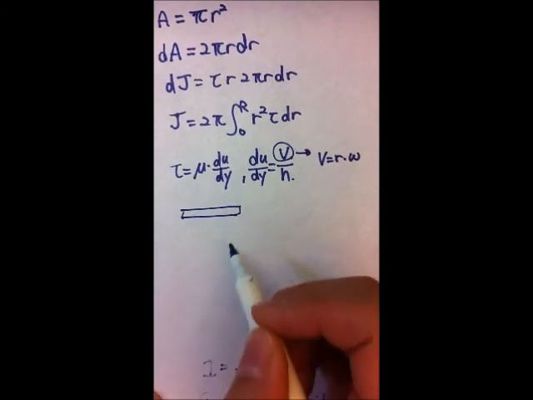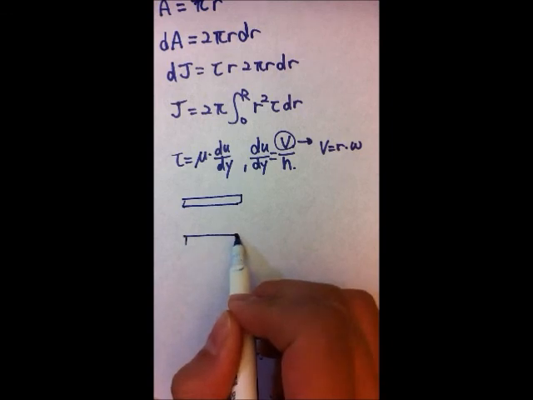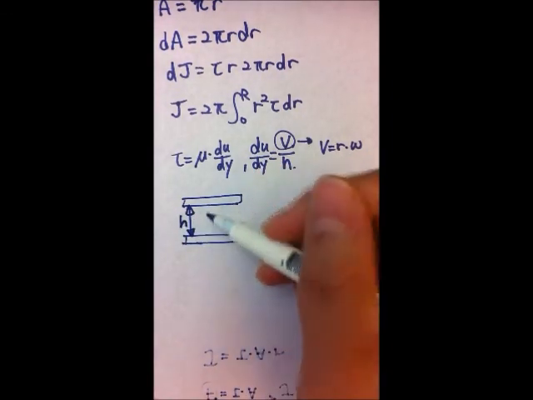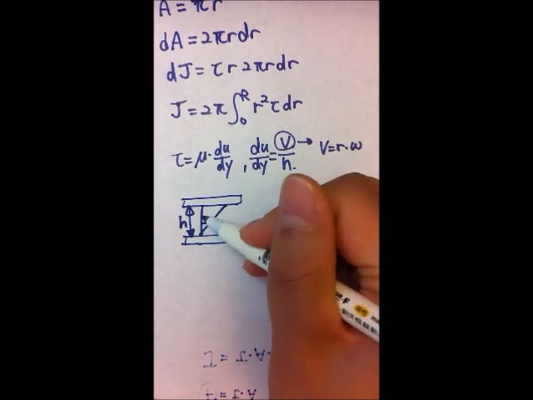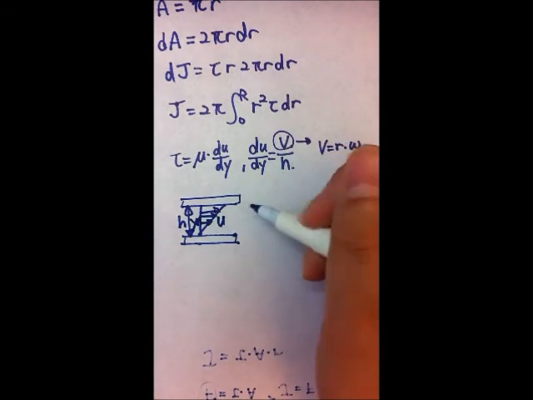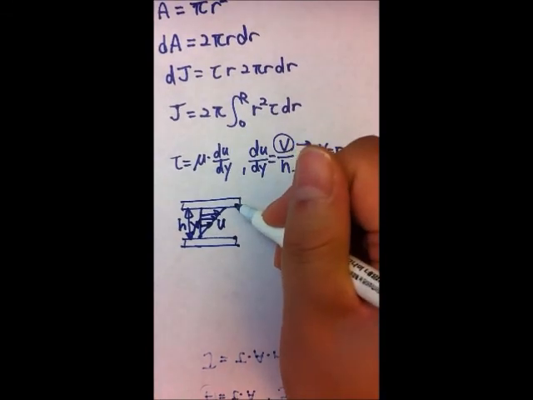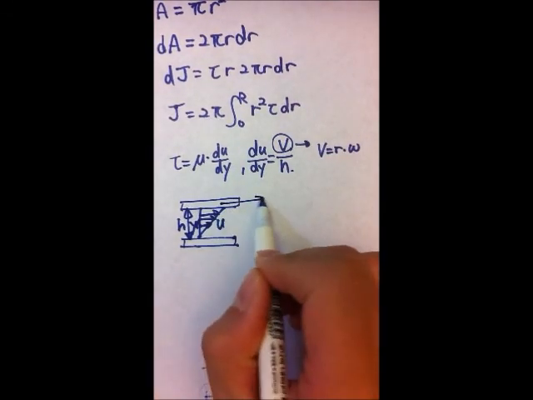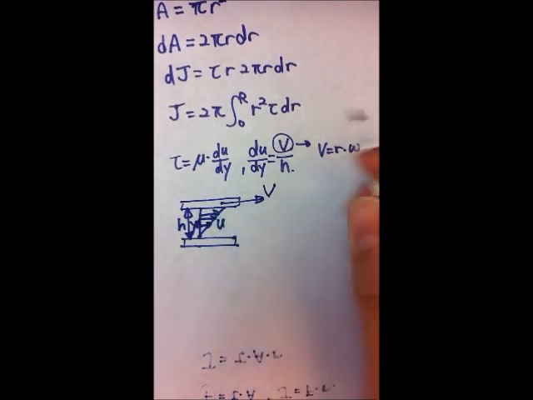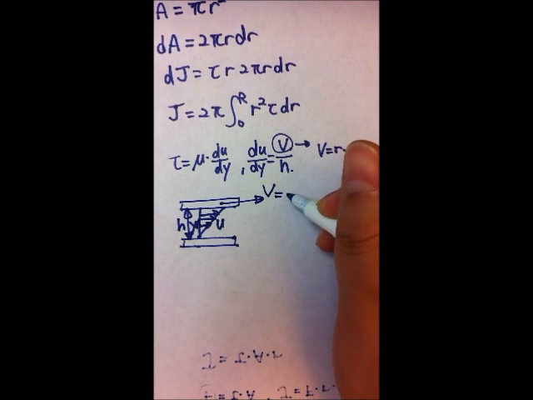So two plates, and here's h, so u, y, and this is V of this plate. The velocity of this plate is equal to radius times omega.